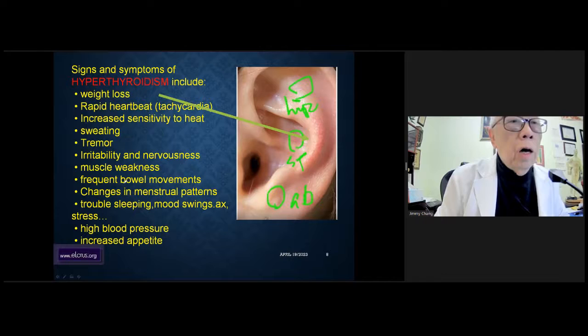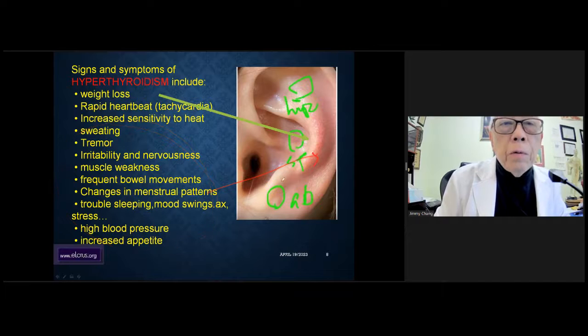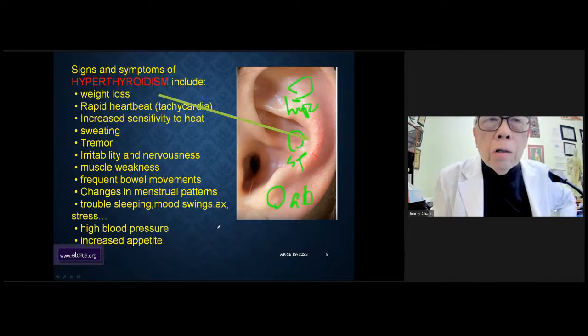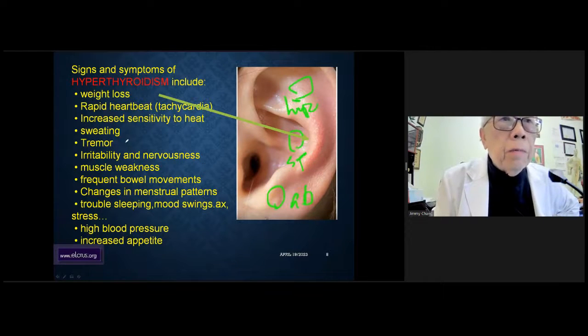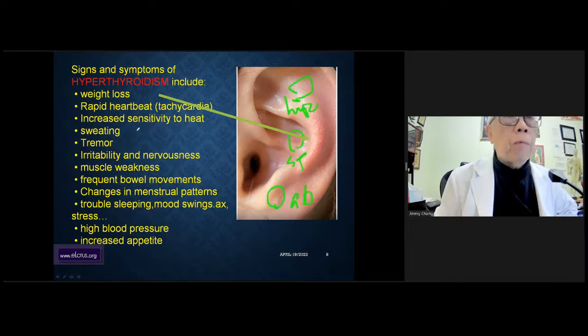So all those things actually you can narrow down to the thyroid. The pulse can be okay for this kind of problem. The pulse should be in deficiency: thin, floating, fast, and weak. The pulse can be this, but it's very superficial.